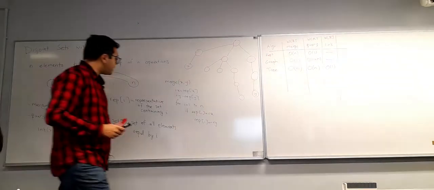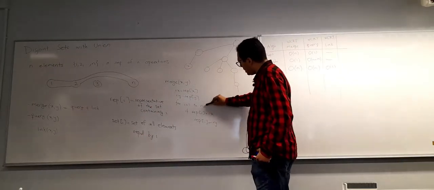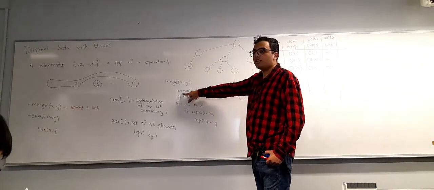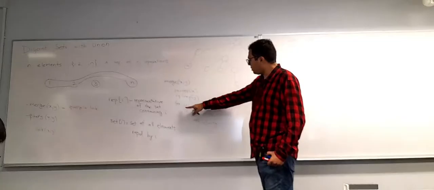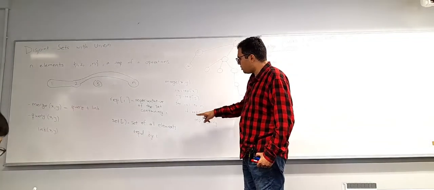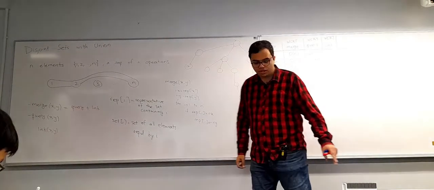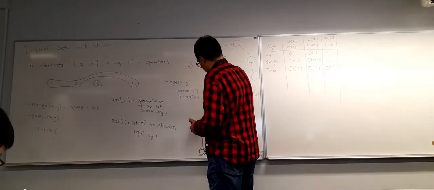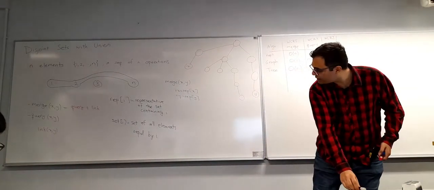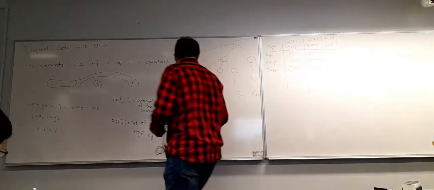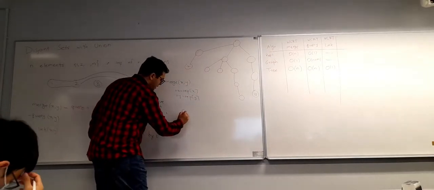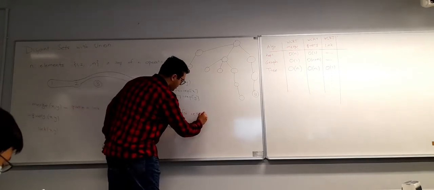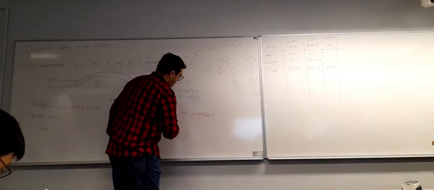If I do this, then when I'm doing the merging here, I'm only interested in the set of elements that are represented by Rx. So instead of going over all of my elements, I just go over those elements that are represented by Rx. So I'm going to remove this one. And instead, I'm going to say for every element I that is in the set represented by Rx, what should I do now?